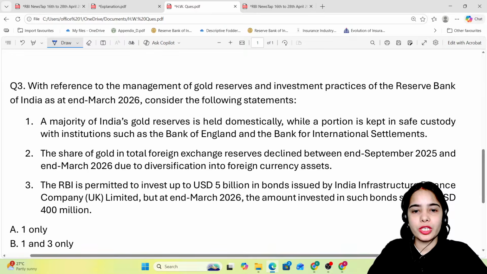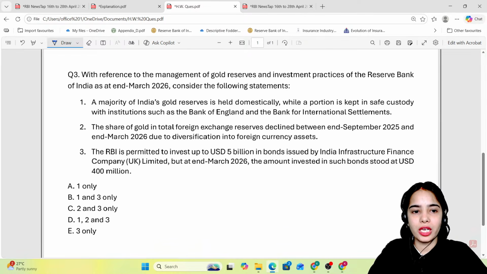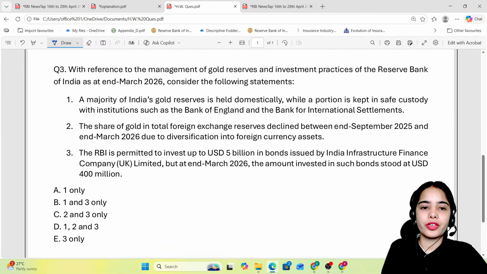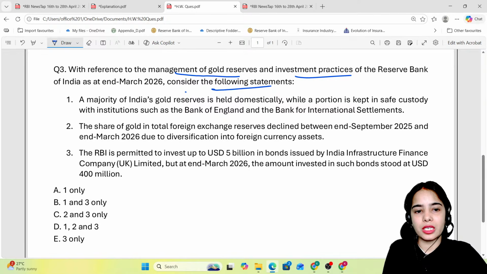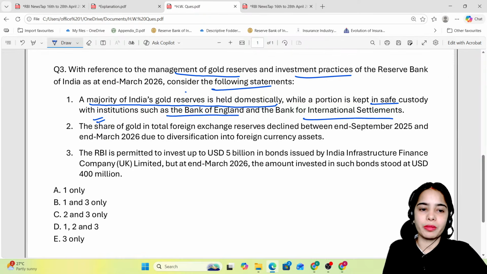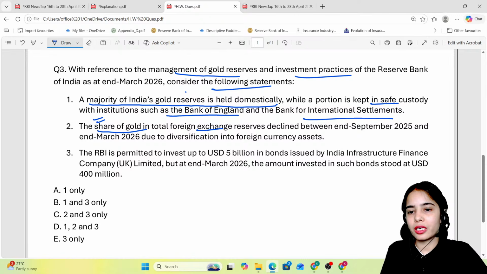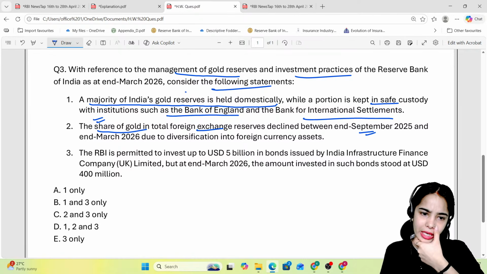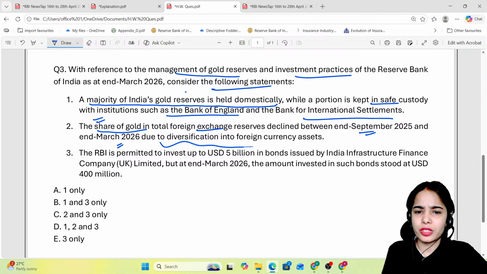Okay, next question is this. Read the question very carefully and try to answer this. With reference to the management of gold reserves and investment practices of the Reserve Bank of India, consider the following statements. A majority of India's gold reserves is held domestically, while a portion is kept in safe custody with institutions such as the Bank of England and the Bank for International Settlements. The share of gold in total foreign exchange reserves declined between end September 2025 and end March 2026 due to diversification.